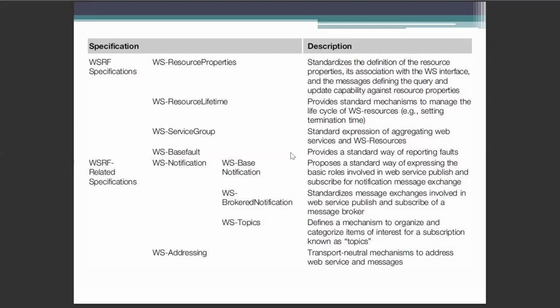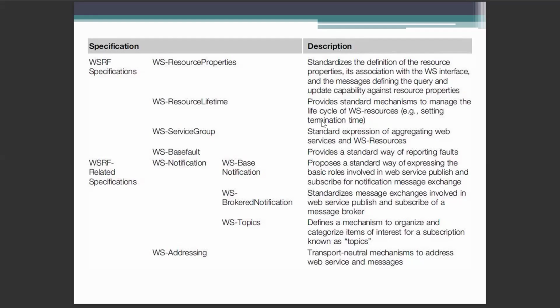For example, you need to get some web services resources, a set of web services resources. What we need to do there is access a service group, and the service group will tell you these are the set of services provided by us, you can use them. Along with that, the resource has to be represented along with its lifetime.